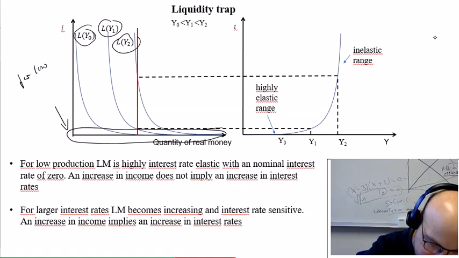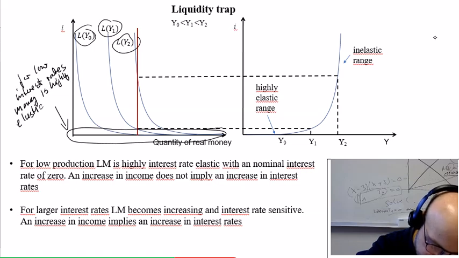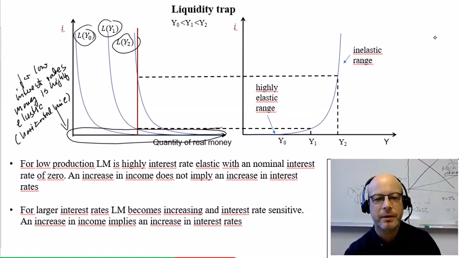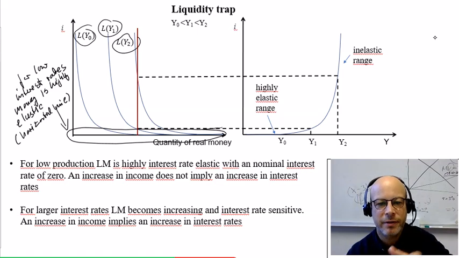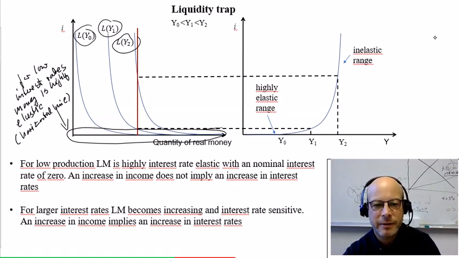For low interest rates, money demand is highly elastic. So, horizontal line more or less. Well, and then remember our derivation of the LM curve.